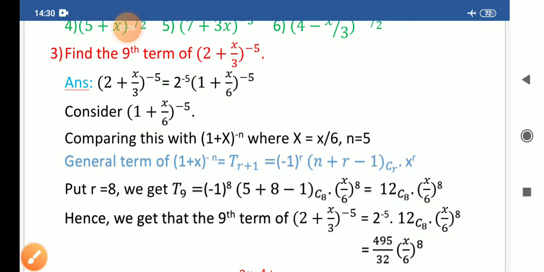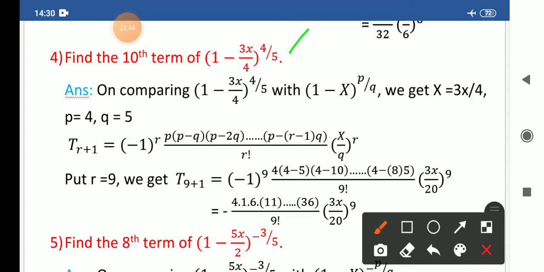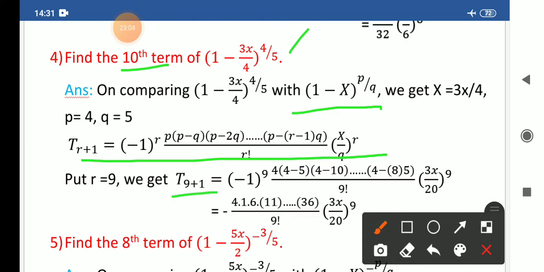Similarly, this is the 10th term of this formula. Here the power is in p by q form, so this is (1 plus x) power p by q form. In this form, t(r plus 1) is the (r plus 1)th term. We want the 10th term, so you write 10 as 9 plus 1.